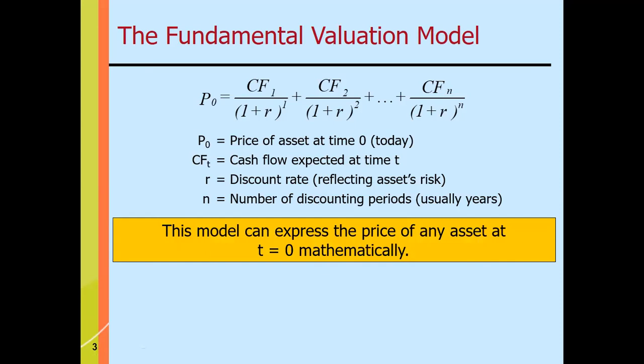Then this model can express the price of any asset at time equals zero mathematically. Of course, this is going to be applicable for series of payments or installments and even for present value of one. Also, if we look at the formula, P0 is the sum of the different present values of one throughout the period.